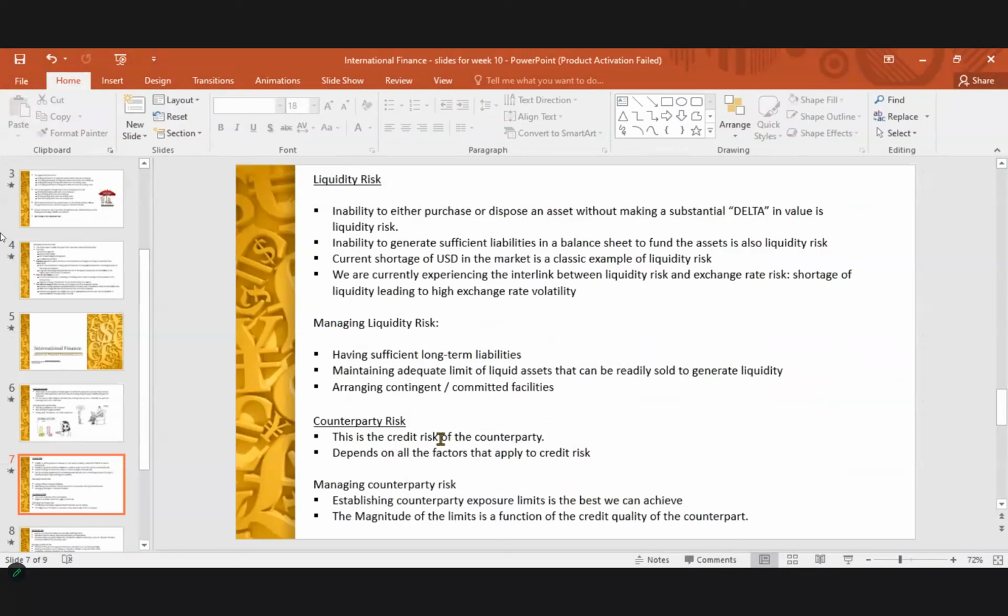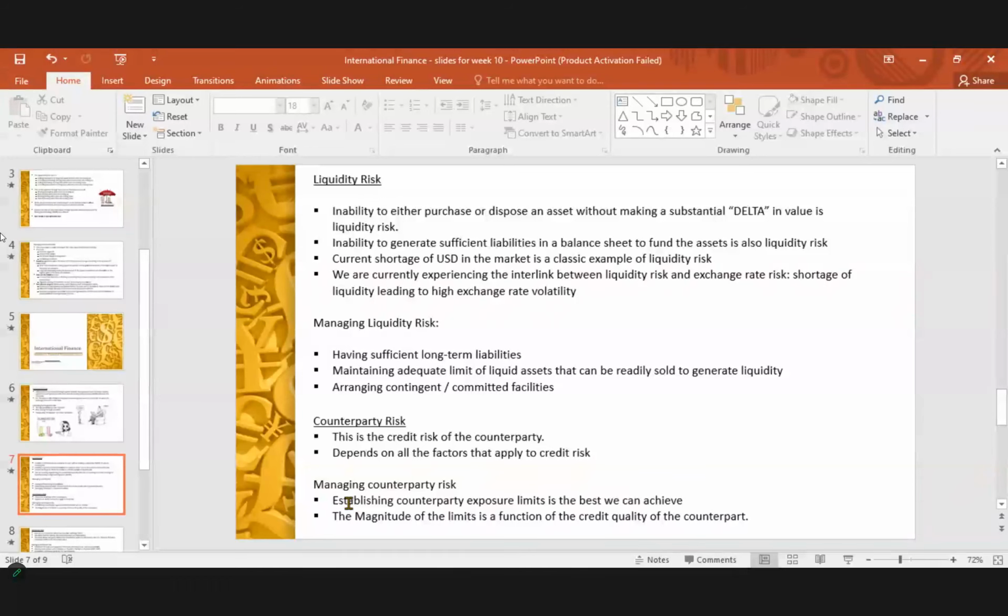So this is basically a credit risk on the counterparty, right? And all the factors that credit risk is faced with apply here for counterparty risk. So then we have to credit evaluate our counterparty before taking these kind of exposures, right? And establish limits with the counterparty, right?